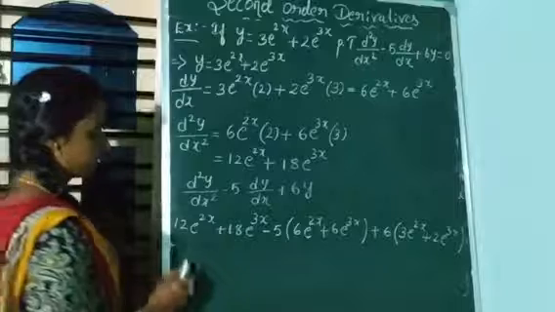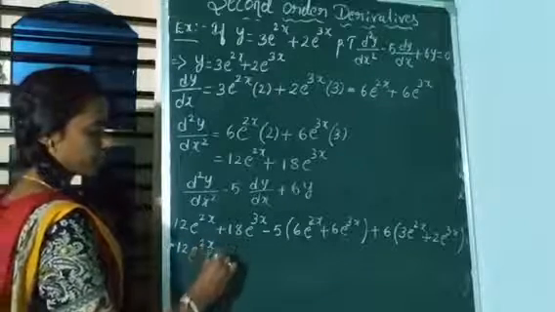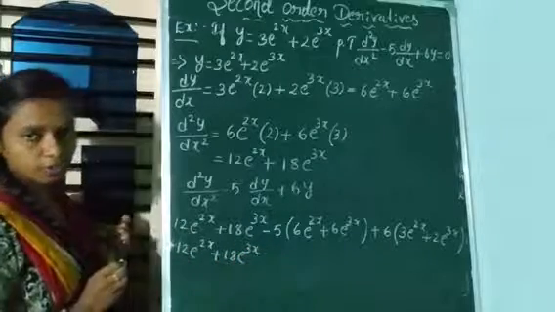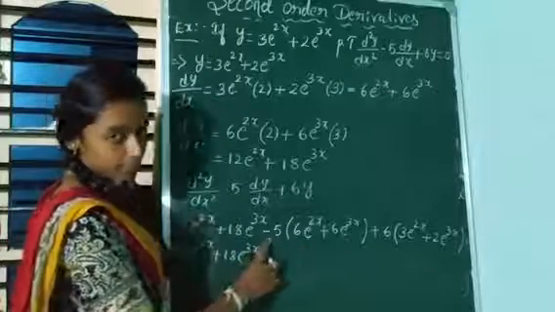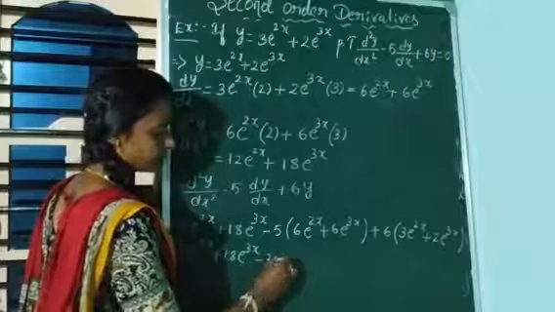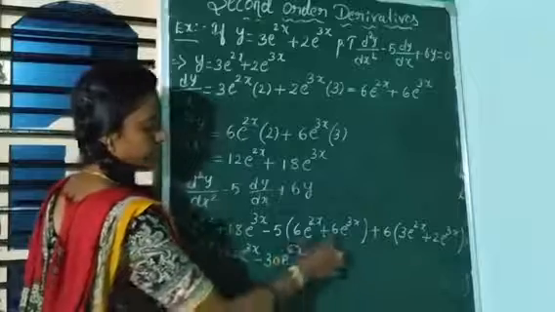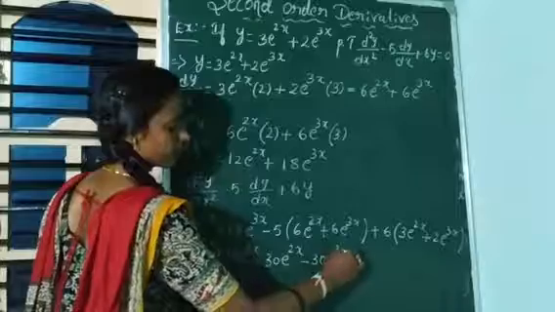You simplify this, 12 e power 2x plus 18 e power 3x. For these two terms, you multiply with minus 5. Minus 5 into 6 is minus 30 e power 2x, plus minus 6 into 5, again 30 e power 3x.